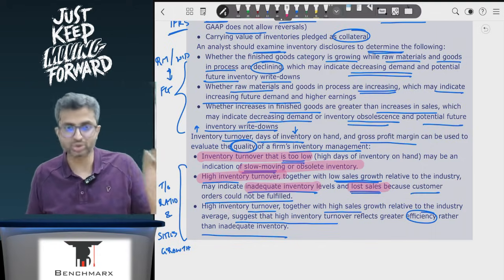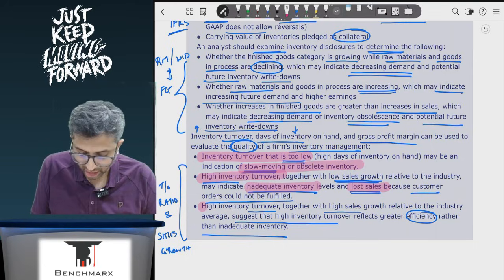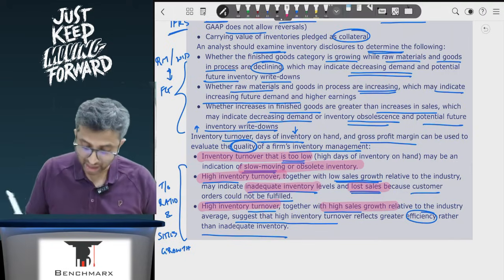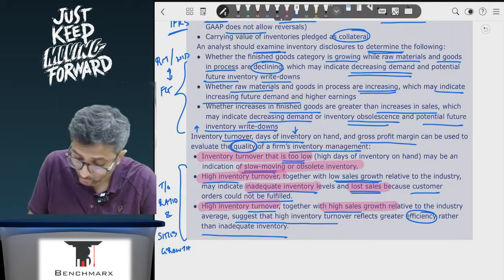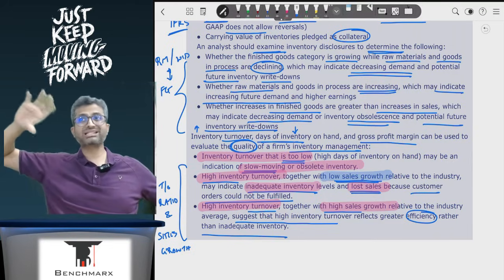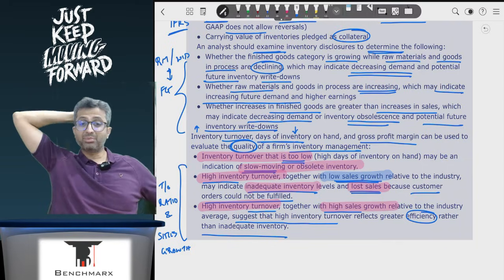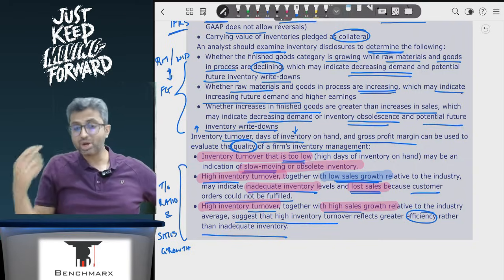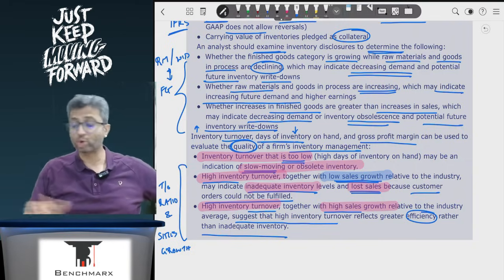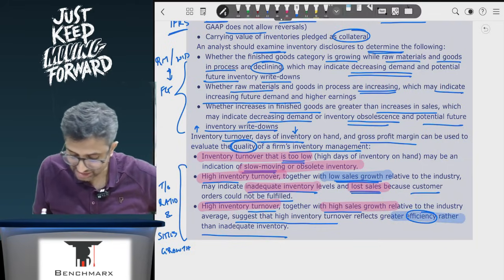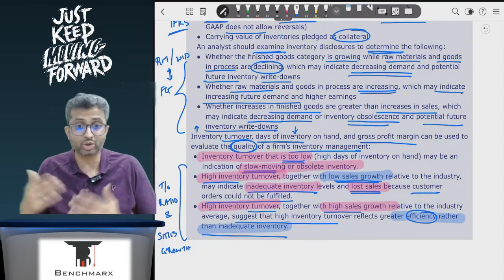The best position for a company is a high inventory turnover together with high sales. Earlier we said there is a high inventory turnover together with low sales. So we're saying that turnover ratio is very high, but sales growth is very low. It may be because you're not able to grow the sales because your stock is less. But if your inventory turnover is high and the sales are growing, that is the most ideal situation, where you would say that this showcases efficiency rather than inadequate inventory, because the sales are growing.